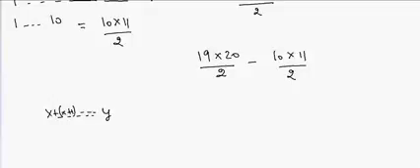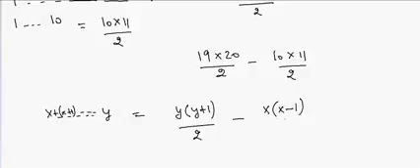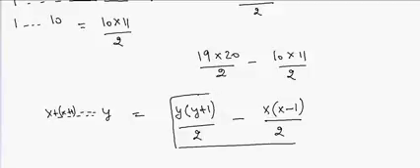In that case I can write this as y into y plus 1 divided by 2 minus, and here we have to be careful because this is x, so this will be x into x minus 1, because we are adding until x minus 1, divided by 2. So that will be our answer if we have to add numbers in a series.